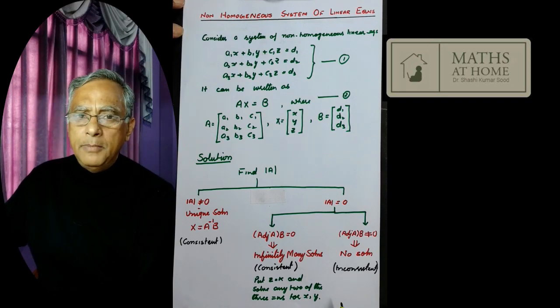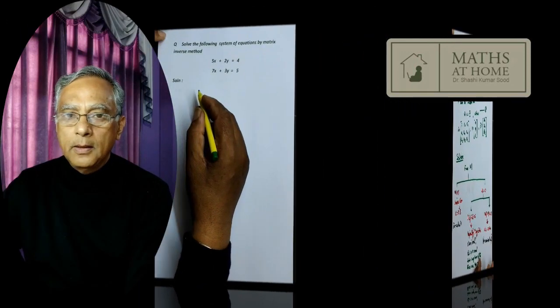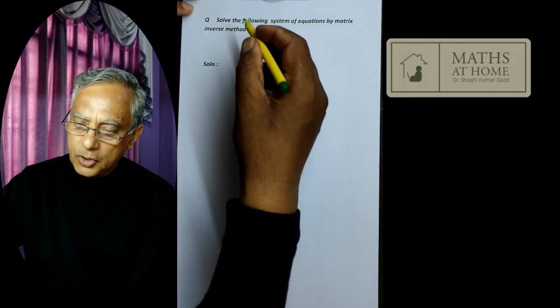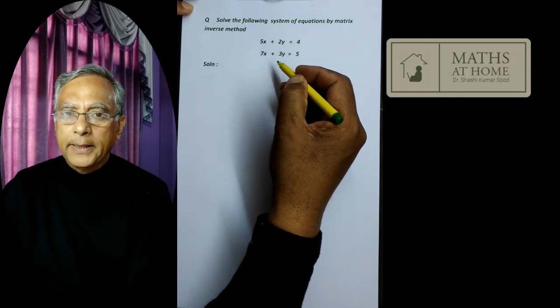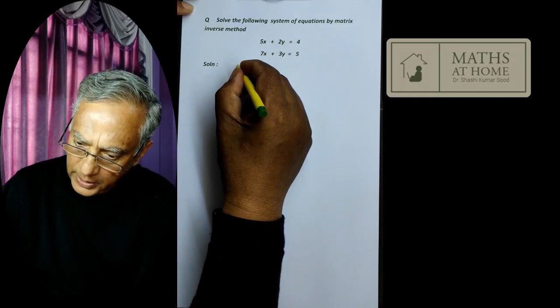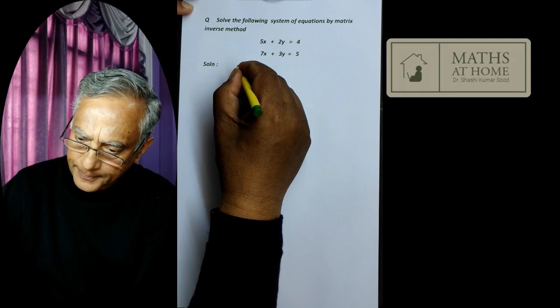Now we take up some problems based on this. The first problem is: solve the following system of equations by the matrix inverse method. Now we are given a system of equations.